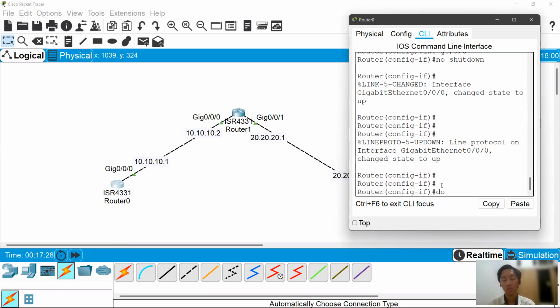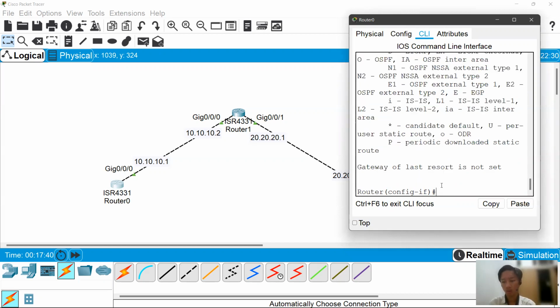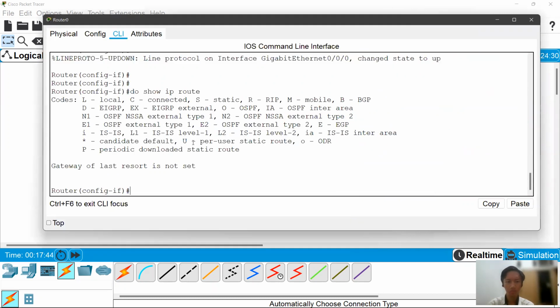If you want to look at the routing table, you can use the command show ip route.